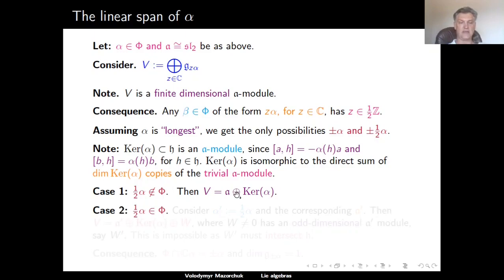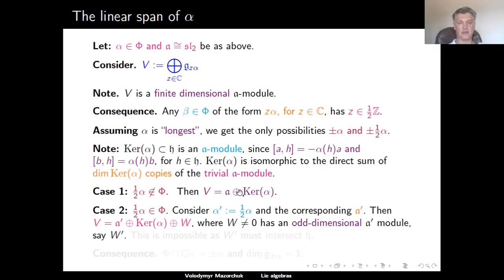And the second case, if half of alpha is a root. In this case, we can change the root alpha to this half of alpha. Let's denote this new root by alpha prime and consider the corresponding SL2 subalgebra A prime. Then by the same argument as we just had, V should be the direct sum of A prime, the kernel of alpha, and one more additional submodule W, which should contain as a non-zero weight space the root subspace G sub alpha.